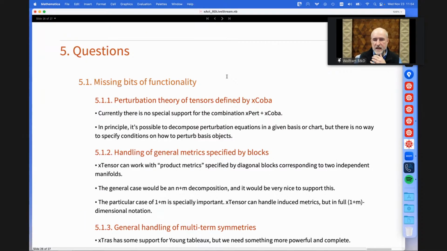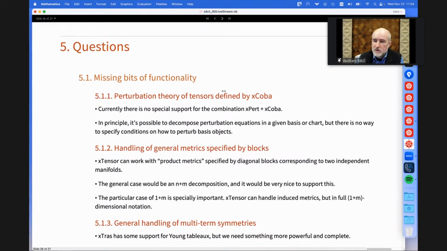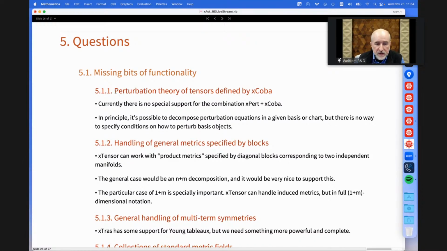So I have a list of standard questions as I receive frequently. And so many questions, of course, are, can you do this? And in many cases, the answer is no, because we haven't extended xAct yet to do that. A frequent question is perturbation theory of tensors defined in xCoba.